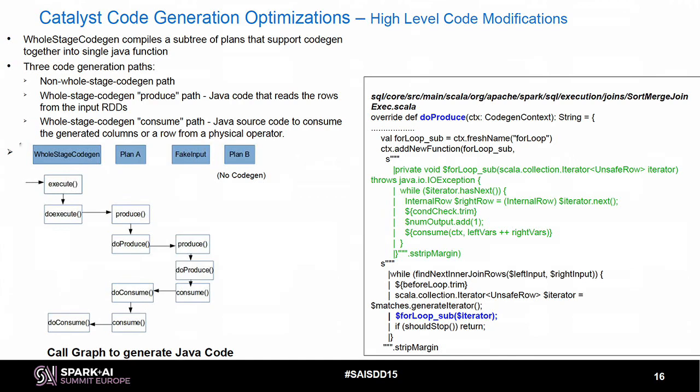If you look at the different operators, first the produce paths of the operators are called, and while returning back, the consume paths of the operators are called. Here we have a snippet of the source code to show that the produce path of the sort merge join was modified.